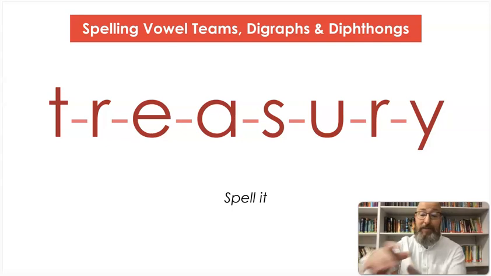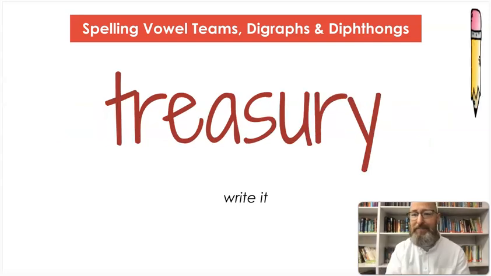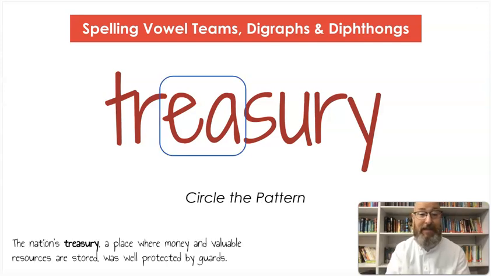T-R-E-A-S-U-R-Y. Treasury. And let's write it. T-R-E-A-S-U-R-Y. Can you find the pattern? E-A again. The nation's treasury, a place where money and valuable resources are stored, was well protected by guards.